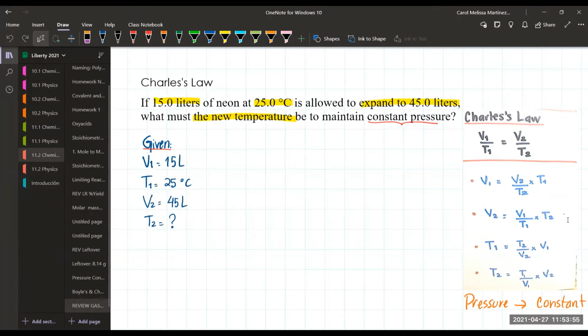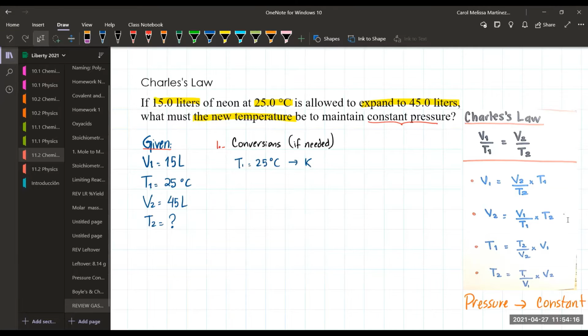Okay, so what we need to do in the first place is perform any conversion that you can find. The temperature, that is 25 degrees Celsius, we need to convert it to kelvins.